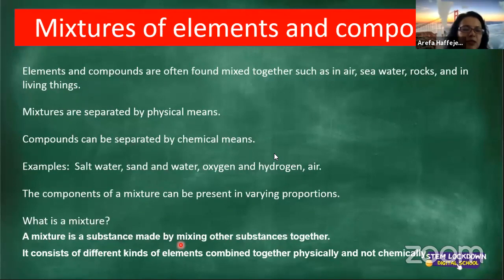In your lower grades you would have learned the different processes of separating mixtures. A mixture consists of different kinds of elements that are combined together physically and not chemically.